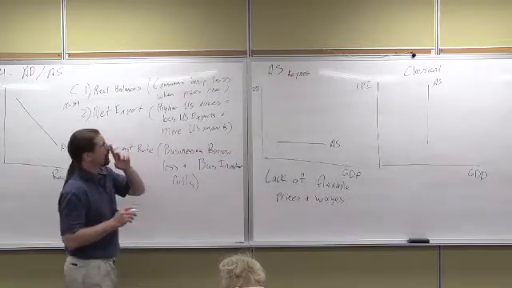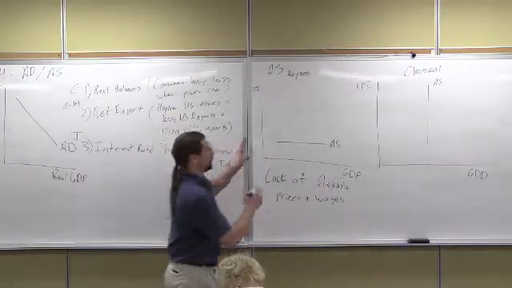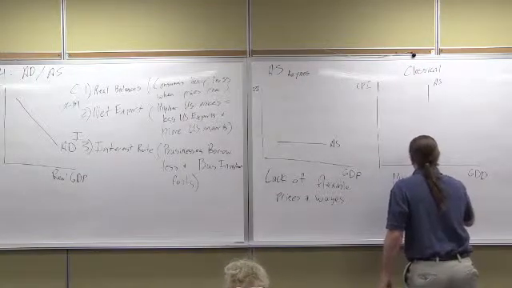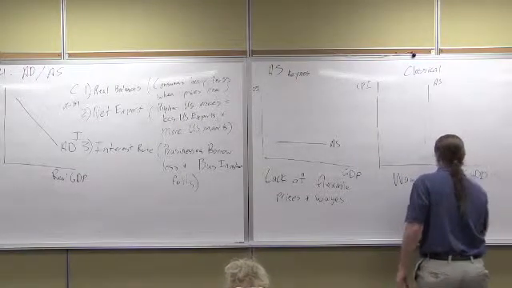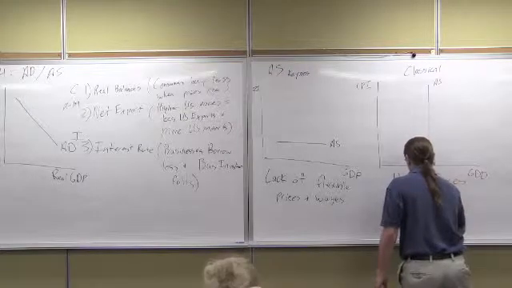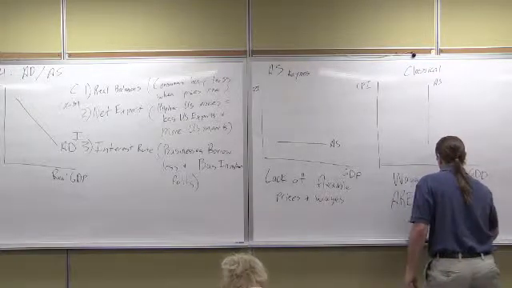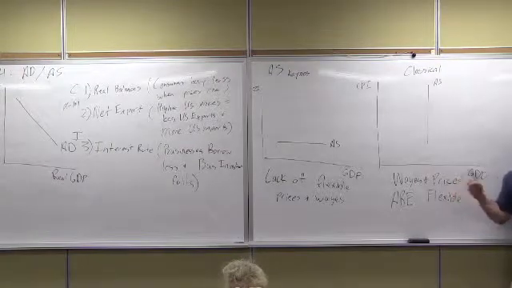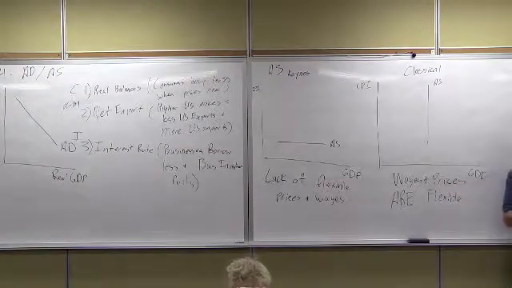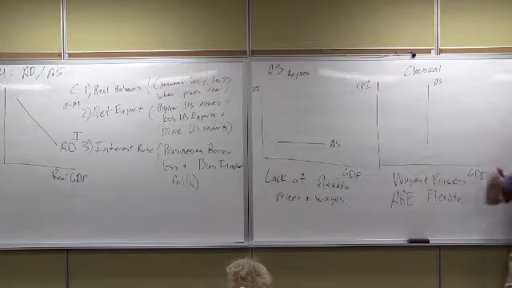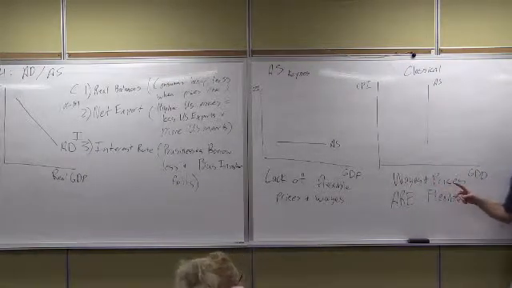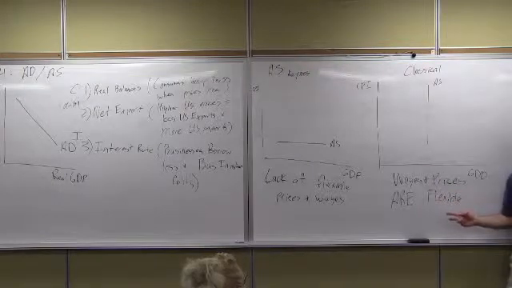All right, so again, according to classical economists, their number one tenet, the one thing they believe is true about the economy, the reason we can make this assumption, is that wages and prices really are flexible.